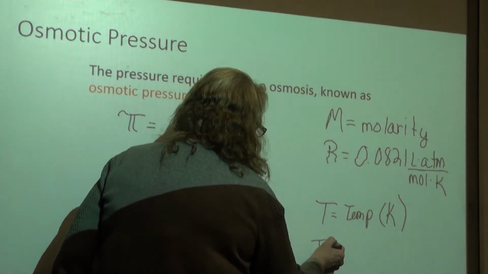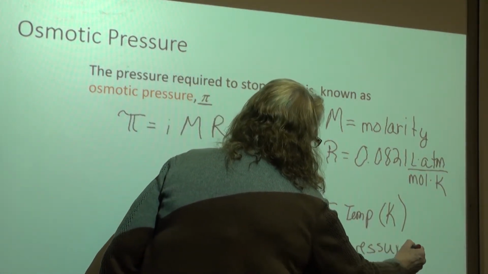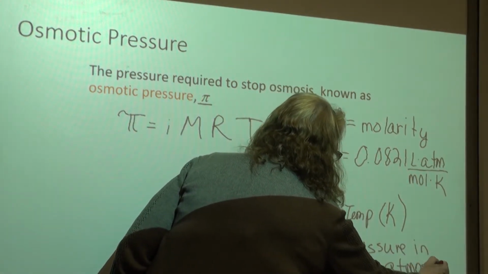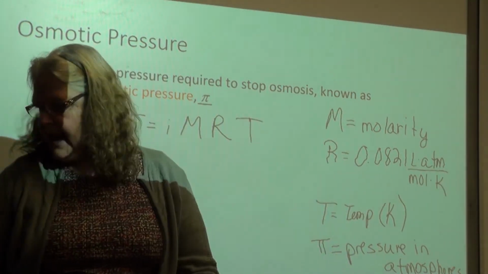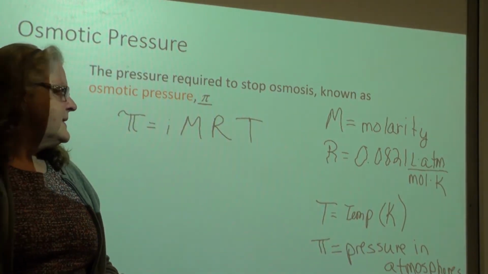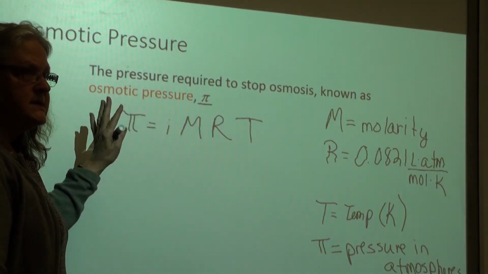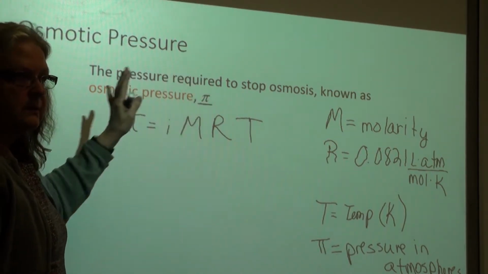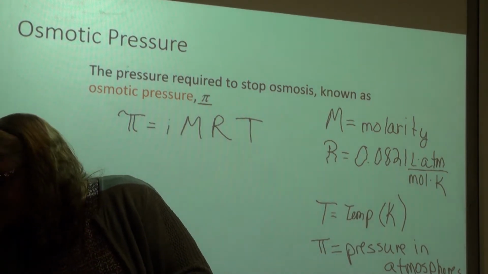So pi is this pressure and it's measured in atmospheres. Again, you don't need to memorize this equation. This is an equation that I would give you, so what you need to know is how to plug into it. We'll practice doing that. I think there's just one slide left.